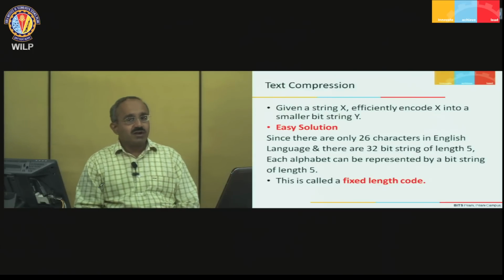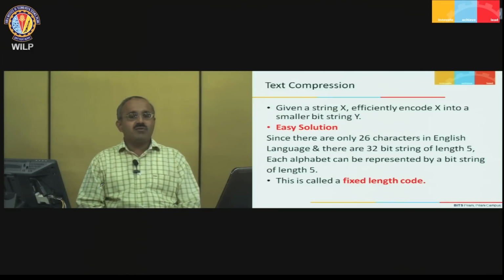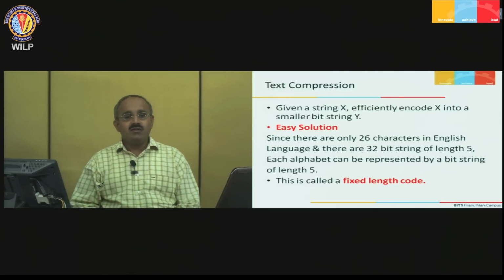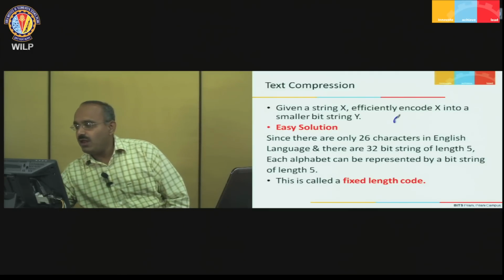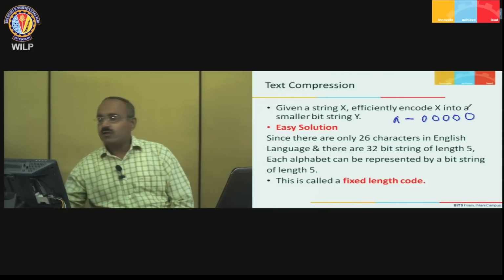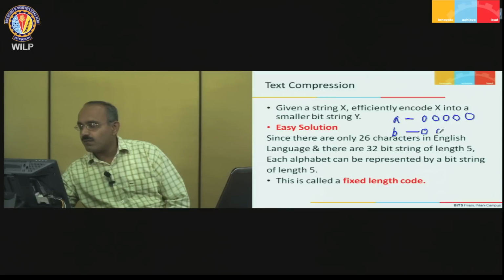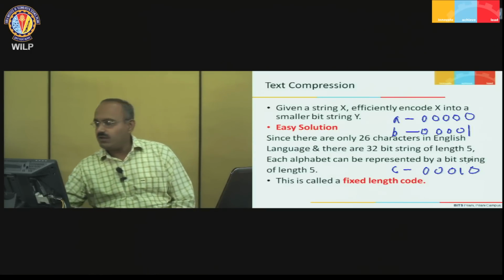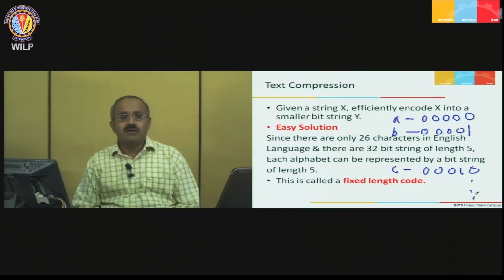We can just keep on starting from A, which can be represented by 00000, B by 00001 and so forth. So, for example, when you are doing a 5-bit encoding of English characters, A can be encoded as 5 zeros, B can be encoded as 00001, whereas C can be encoded as 00010, and so forth, and you can continue this until Z.